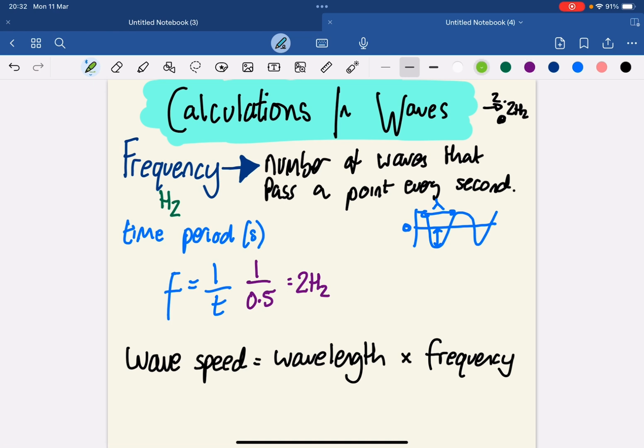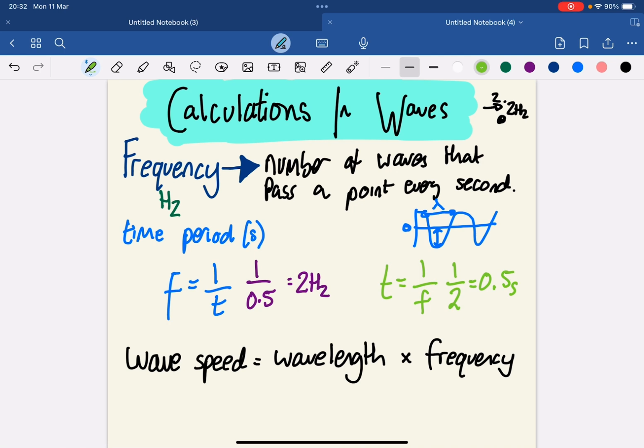And we can easily rearrange this to work out time period, and the time period is 1 over the frequency. So if we know our frequency was 2 hertz, like we just said, 1 divided by 2 equals 0.5 seconds. We've completely reversed it and flipped it on its head.